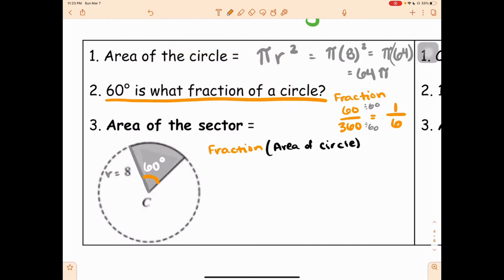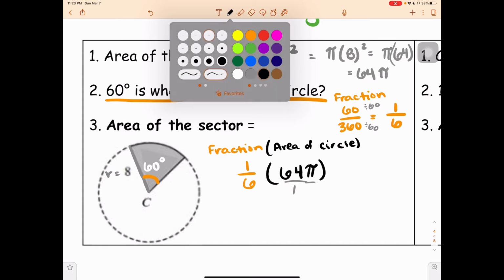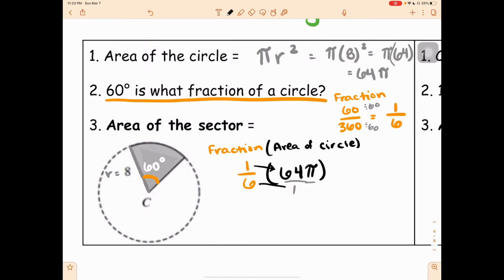Okay, so here our fraction is 1/6, and our area is 64 pi. We can multiply those two together by putting this guy over 1, and then you just multiply straight across.